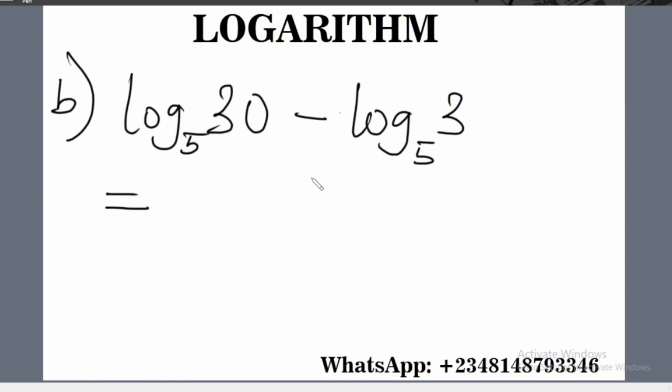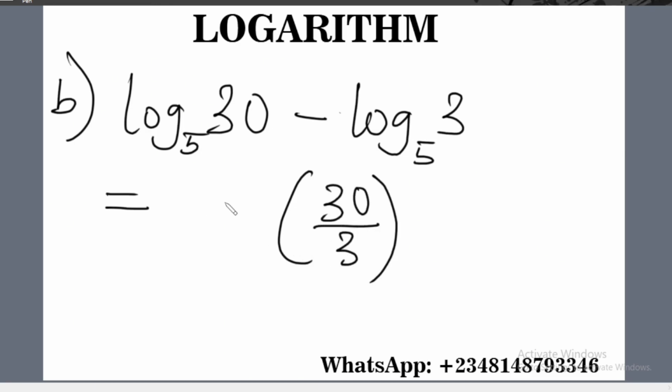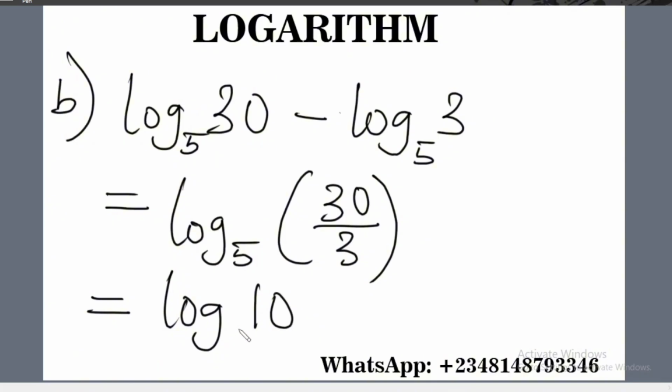So here we have 30 divided by 3 and then take the logarithm of the result. So we write down the logarithm to base 5, which gives us log 10 to base 5, because 30 divided by 3 is 10.